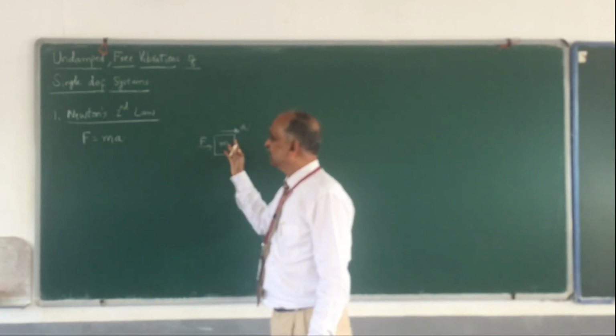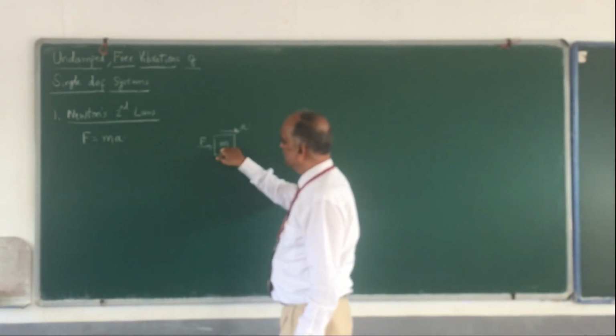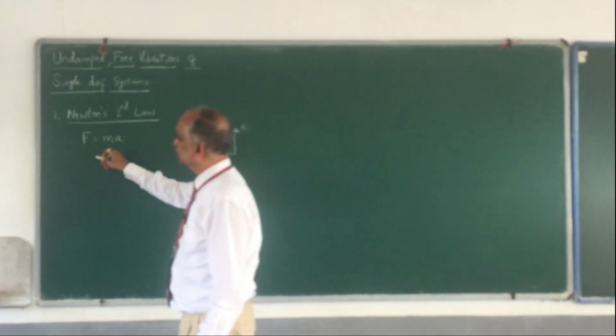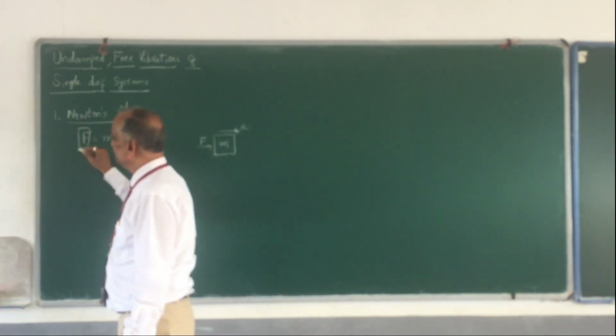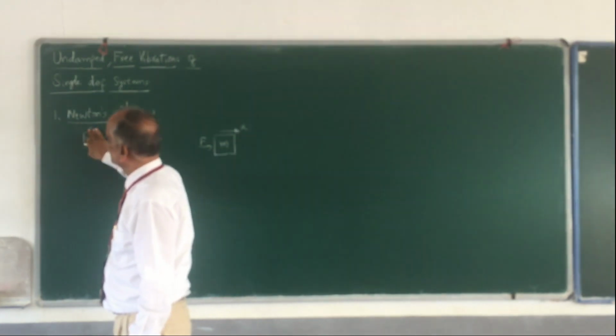Okay, so now how do I write it? Mass multiplied by acceleration is equal to the force. The net force, what is this? The resultant. Sometimes you may not have only one force, you may have a number of forces.